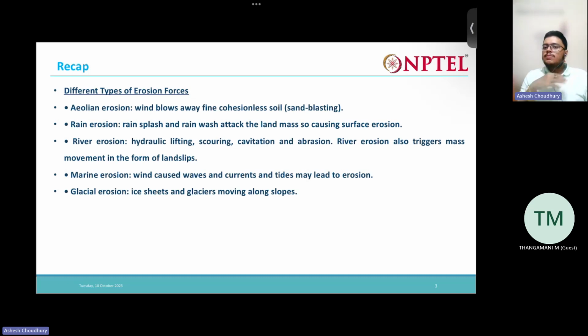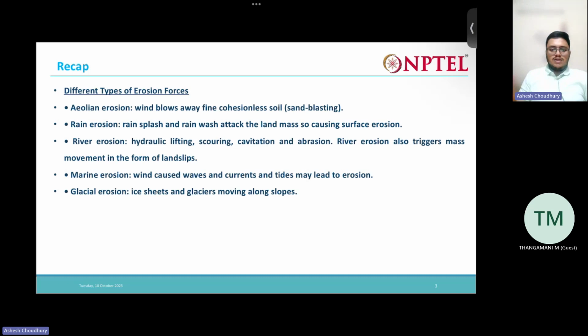Generally this happens in beaches. On a beach you have sand, right? If strong winds are blowing due to a cyclone or something, this cohesionless sand is carried with the heavy wind over long distances and deposited somewhere else. This is called aeolian erosion.